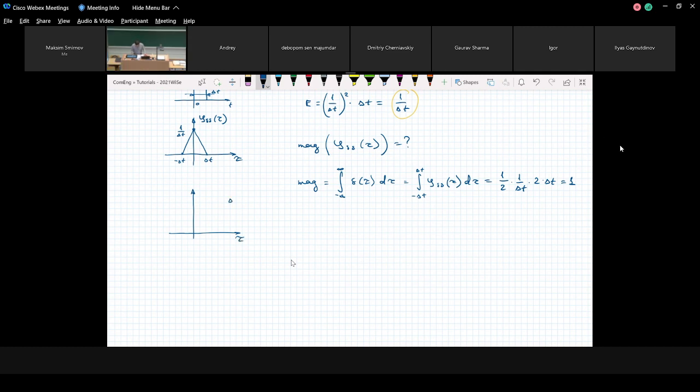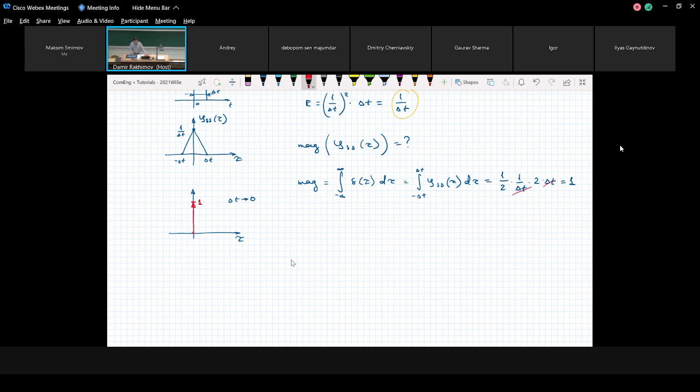In this case, our triangular function becomes a delta pulse with magnitude equal to 1, because the magnitude doesn't depend on delta t. You see that they cancel each other, and it just equals 1.